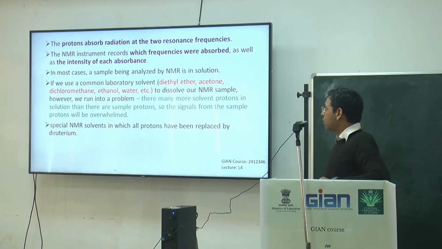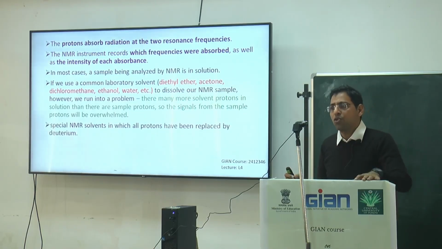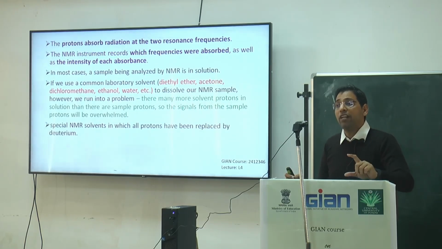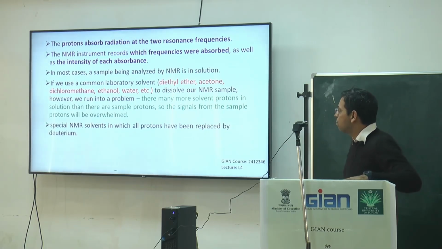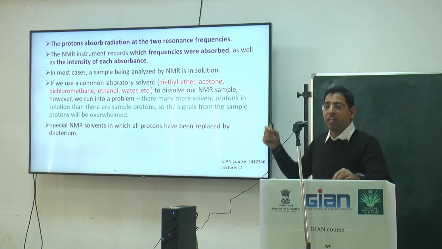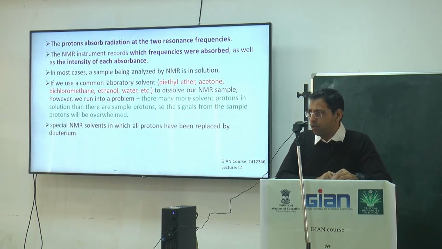Now, most of the samples we are taking are solutions. Most NMR is done on solutions, but you can also do intact plant by using HR-MAS spectroscopy, and that is also very well used in research by many researchers. Mostly solvents, because we are talking about solvents, as I told you, which solvent we have to use.